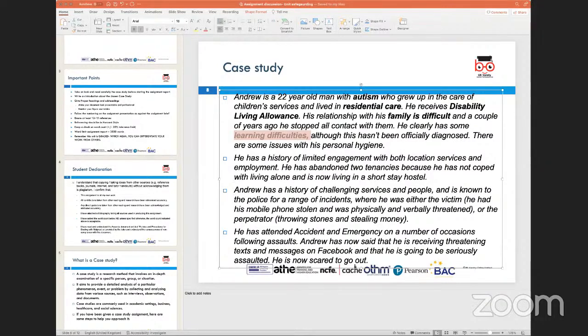So when we look at SENDs, for example, special educational needs, I'm aware of it. So that's why I can quickly mention this, that learning difficulties tend to be disabilities, essentially, which a person experiences in terms of his or her ability to learn, process, or retain information.